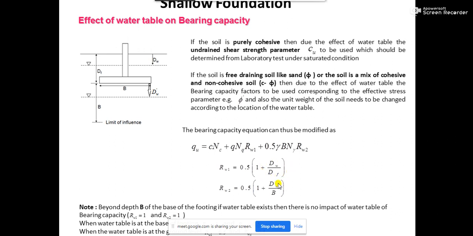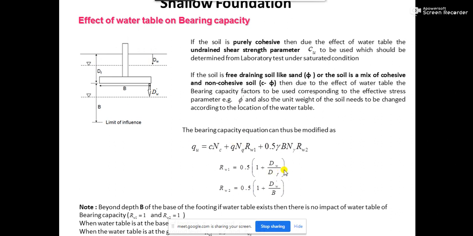Here we have taken dW dash, whereas up to this depth of the footing, in that interpolation function, dW is the depth of the water table from the ground level. So dW is divided by dF, that is the depth of the footing.